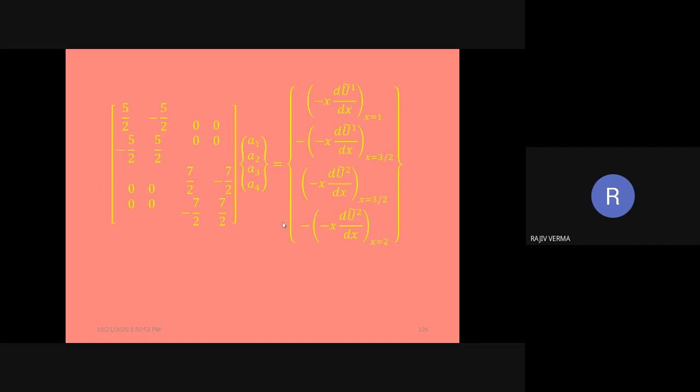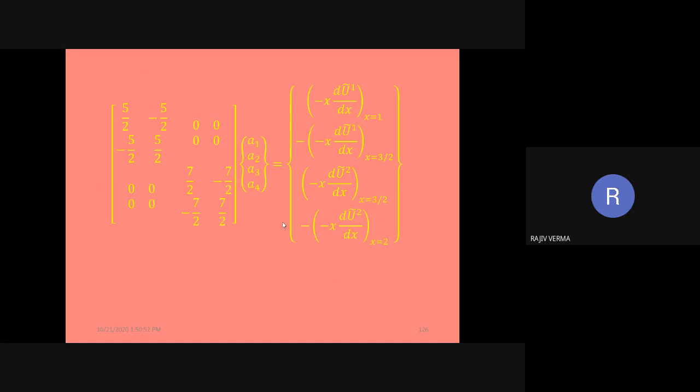So, this is why the global stiffness matrix is going to contain plenty of zeros, and therefore the global matrix is a sparse matrix in nature.